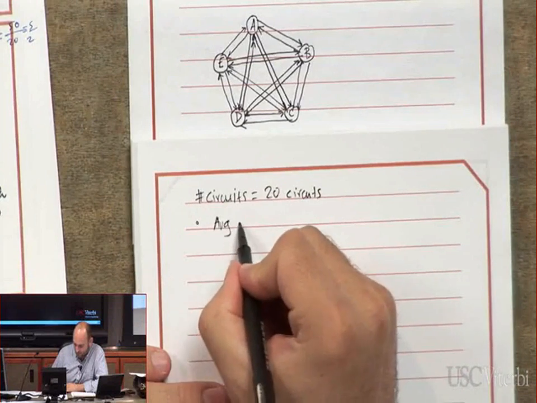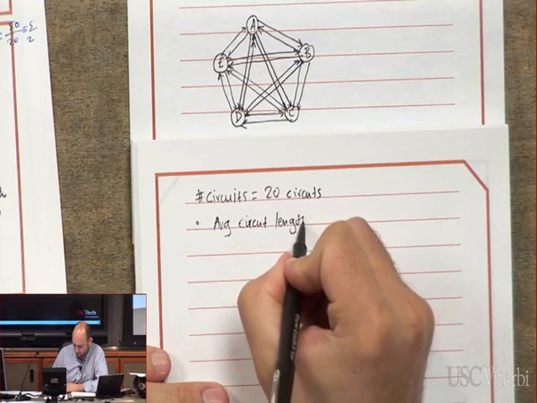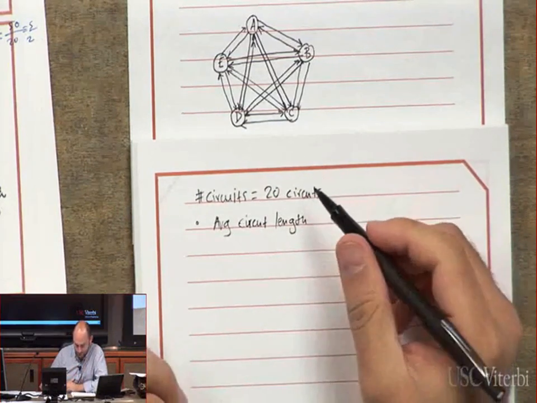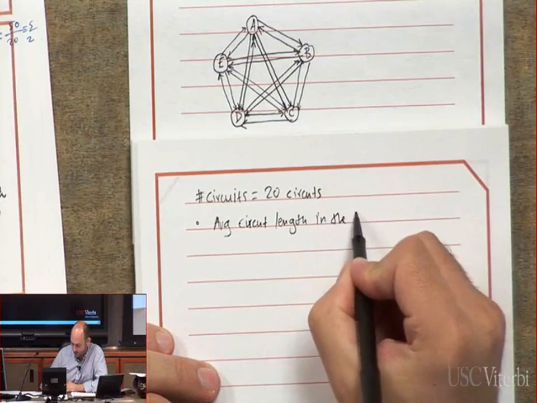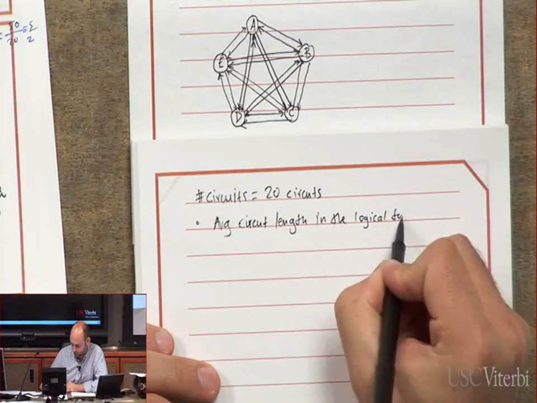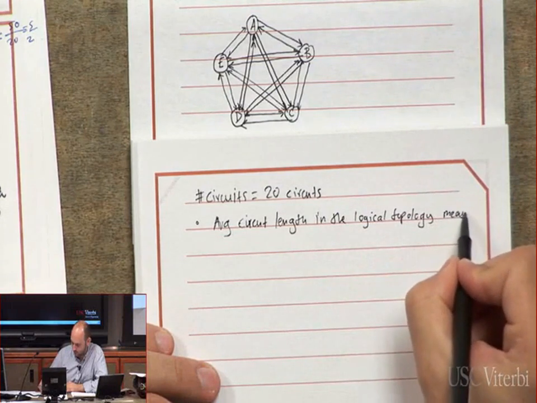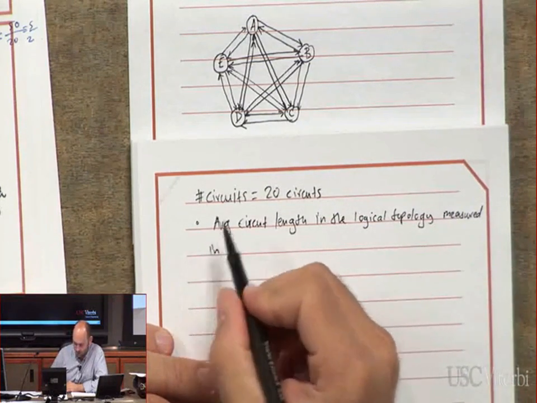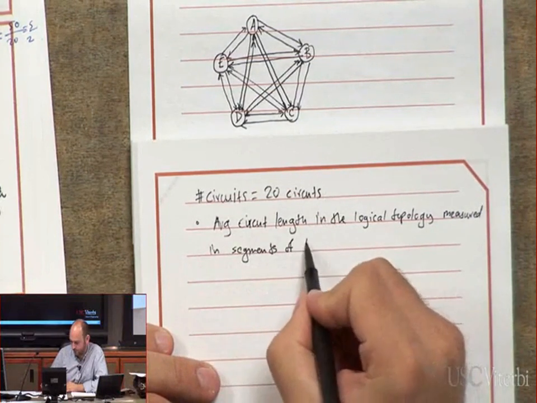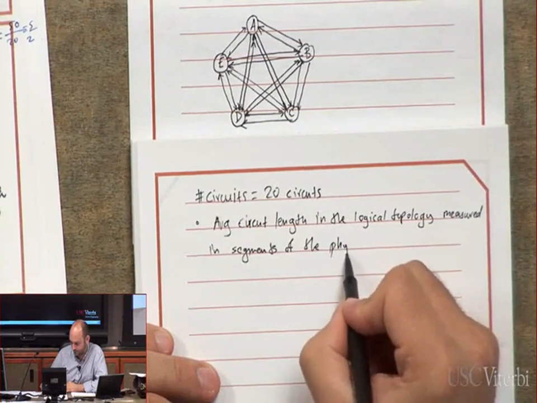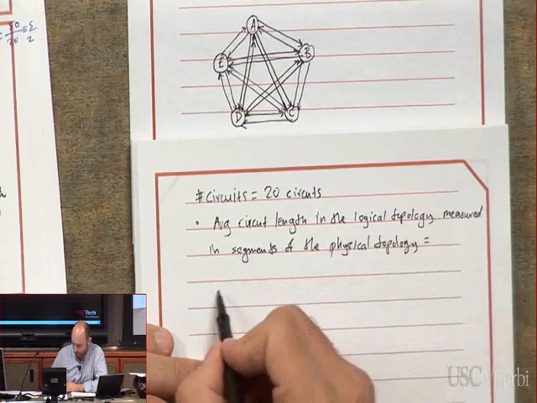The average circuit length in the logical topology, measured in segments of the physical topology, equals what?